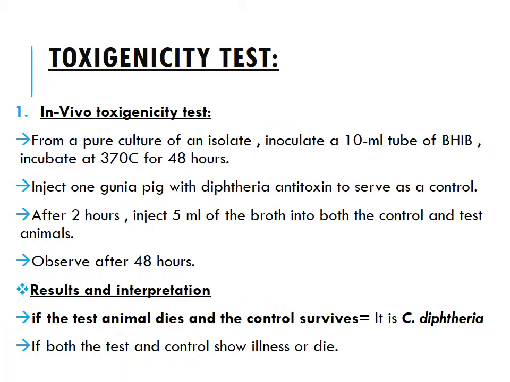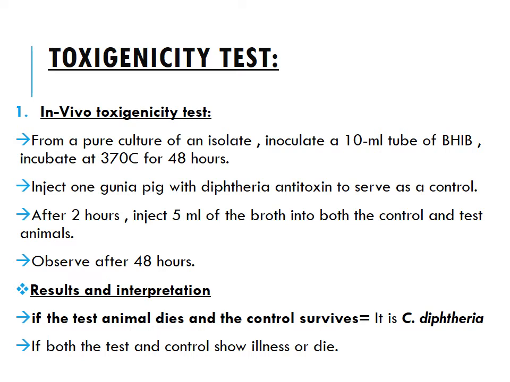Toxigenicity test. First, the in vivo toxigenicity test. From a pure culture of an isolate, inoculate a 10 ml tube of BHIB and incubate at 37 degrees Celsius for 48 hours. Inject one guinea pig with diphtheria antitoxin to serve as a control.